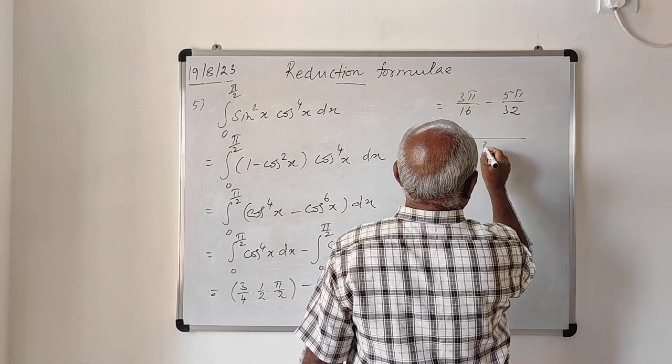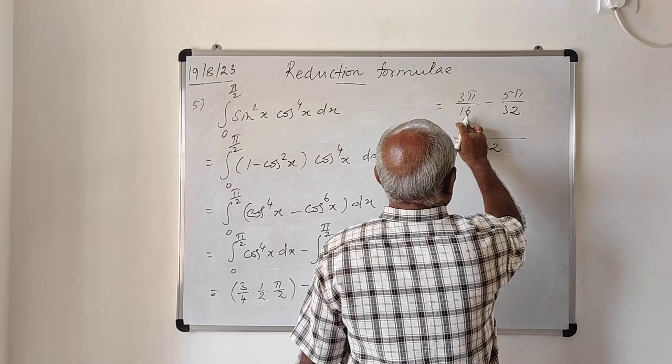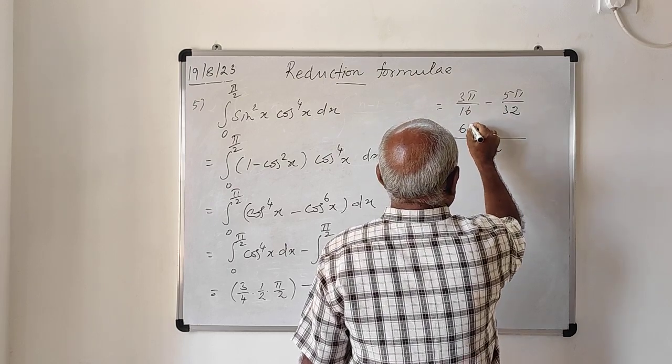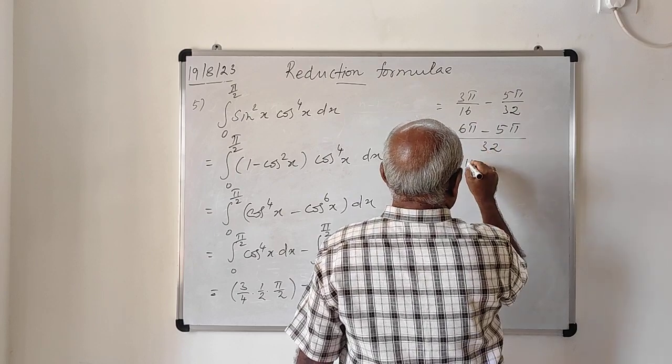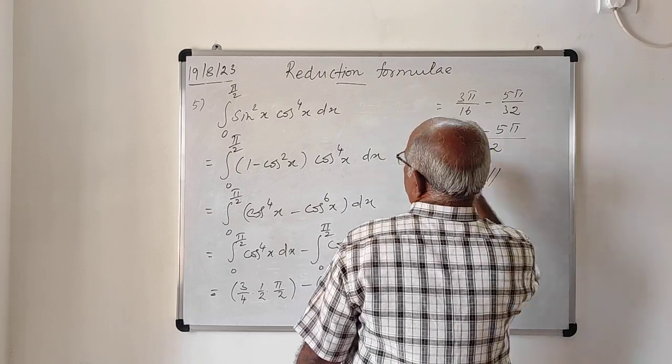So by taking LCM as 32, 2 16s are 32, 2 3s are 6 pi minus 5 pi. So 6 minus 5, pi by 32 is the answer for this problem.